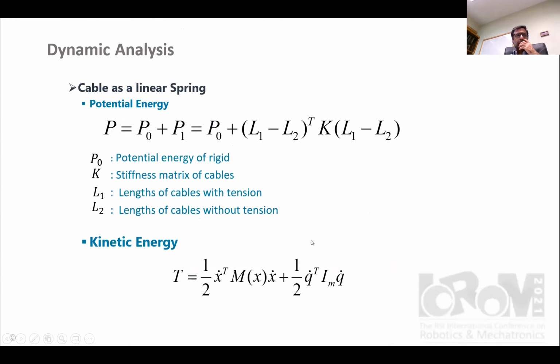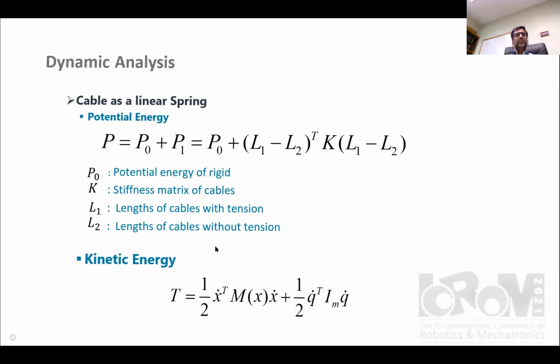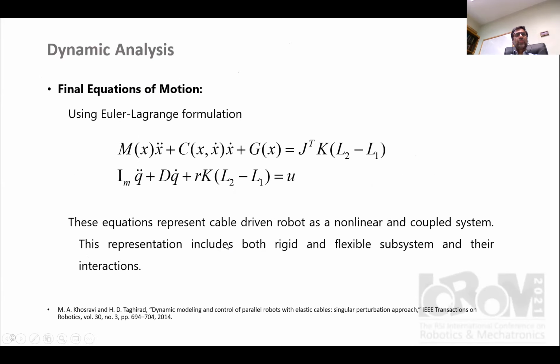With this assumption that the cable is modeled as a linear spring, we can use the Euler-Lagrange formulation, with the potential energy and kinetic energy, and the equations of motion can be obtained as follows. These equations represent the cable-driven robot as a nonlinear and coupled system.